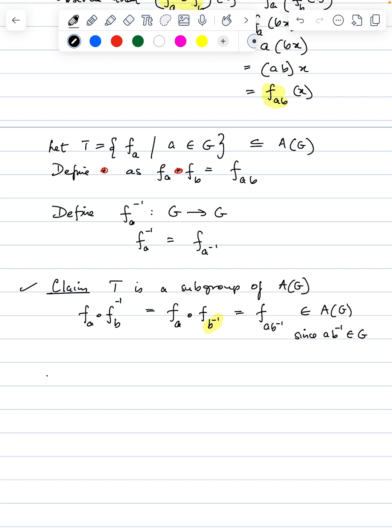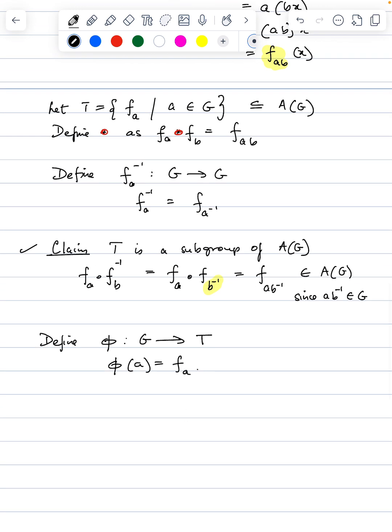And now we will define an isomorphism. We have to prove it's an isomorphism from G to this subgroup of A(G) in this manner. And we will prove that it is an isomorphism, and that will give us what we want.